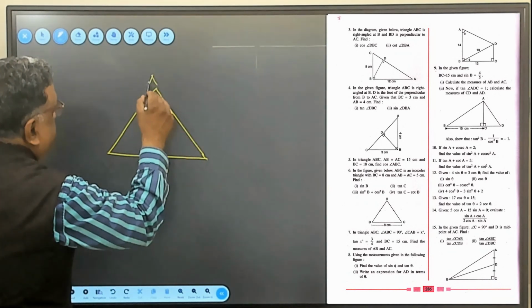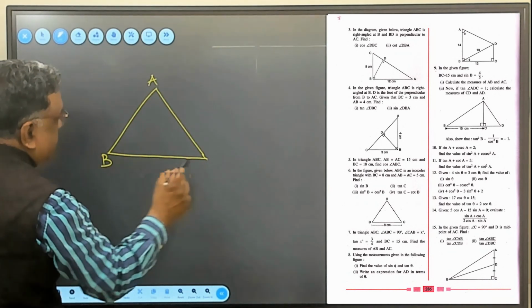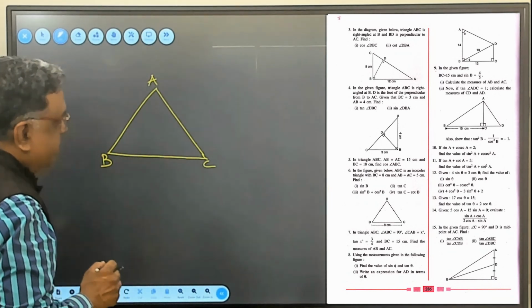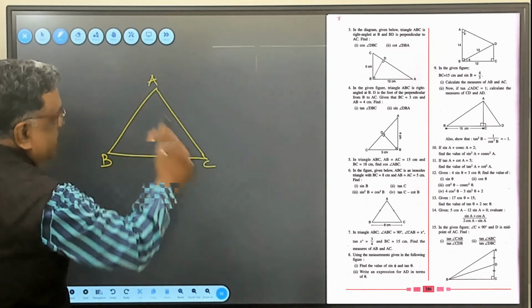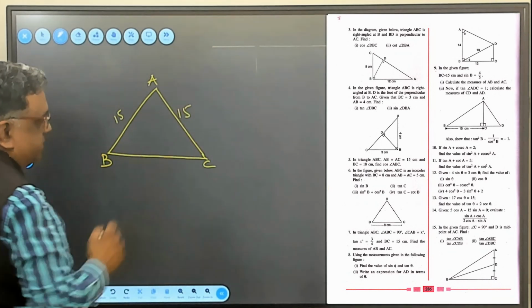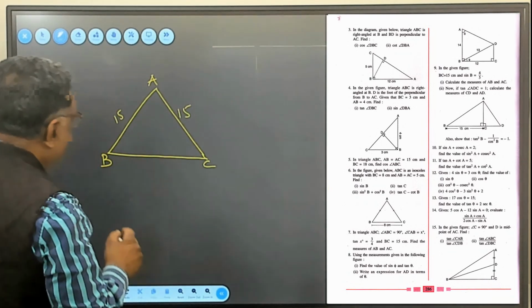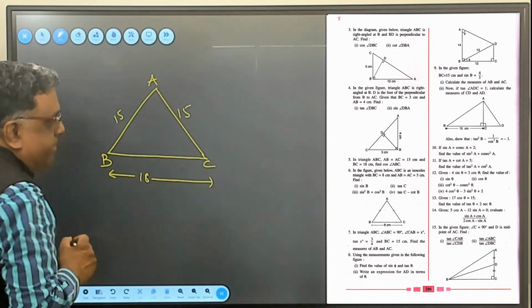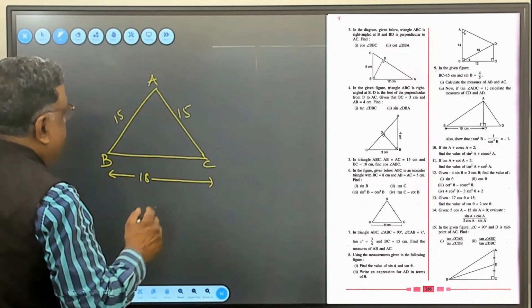This is A, this is B, this is C. AB and AC, they both are equal to 15 centimeters. This is 15, this is 15. And BC is 18 centimeters.